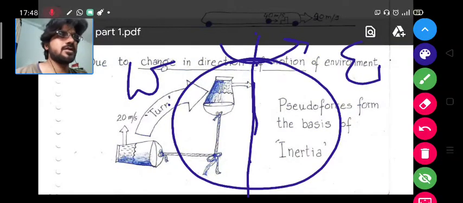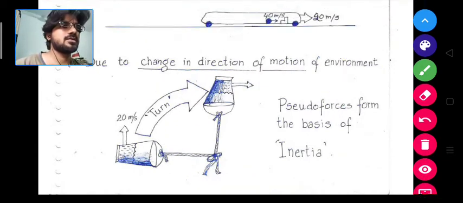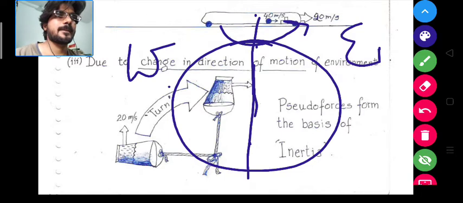So what happens is, when the earth is rotating from west to east, there are two kinds of observation you can make.